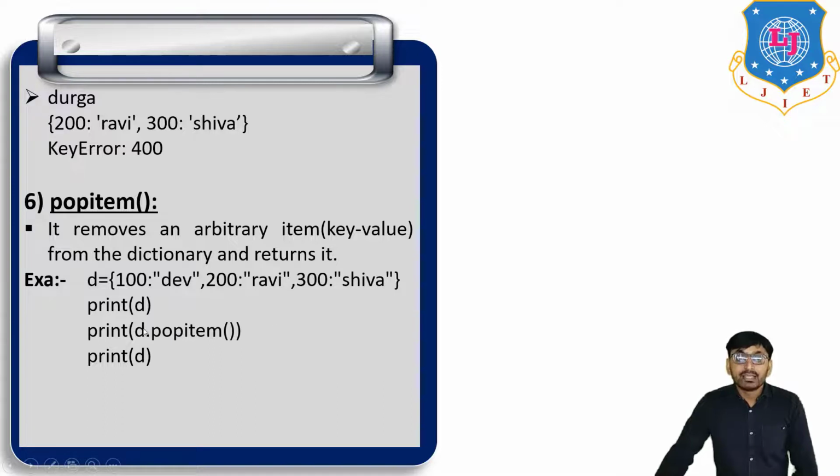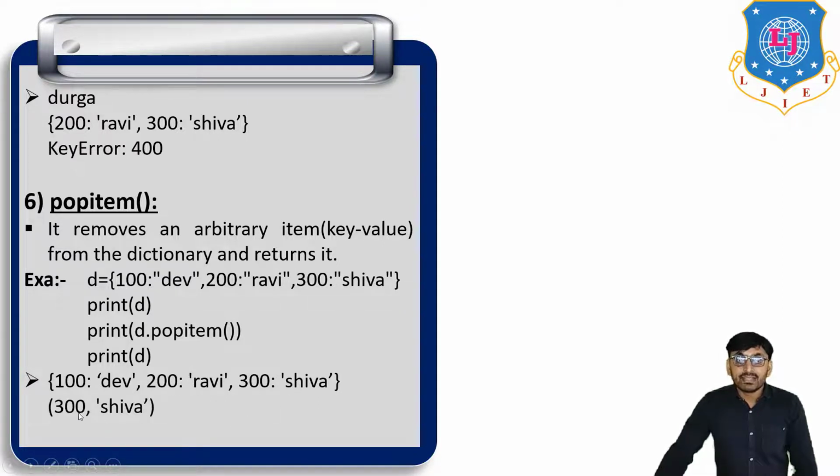Then print d.popitem(). So one key-value pair is removed from the dictionary and returned as an output, and then print d. So the first answer is the total dictionary. Second answer, this pair that is removed from the dictionary. And third answer, we get only these two pairs. Okay, first answer, second answer, third answer.